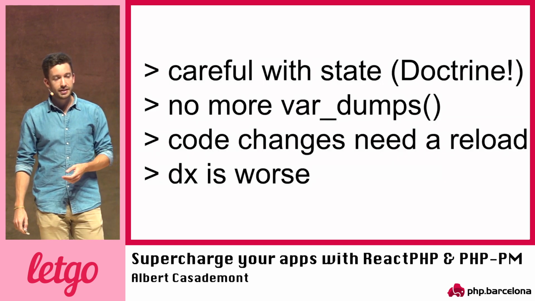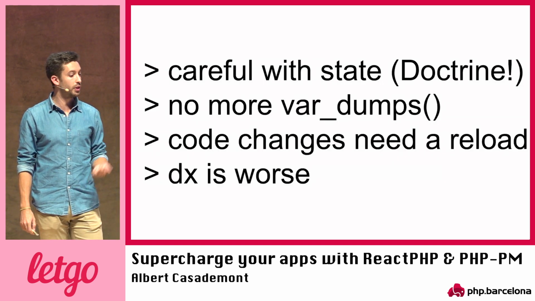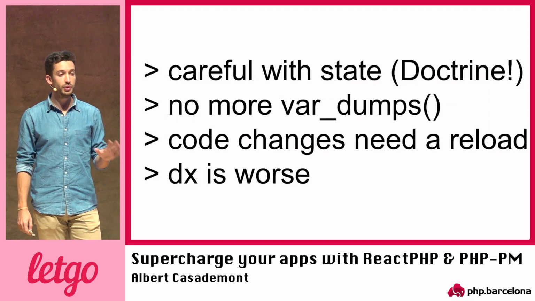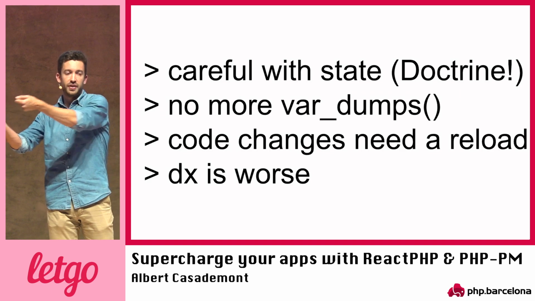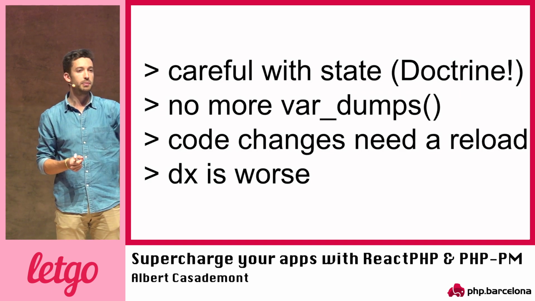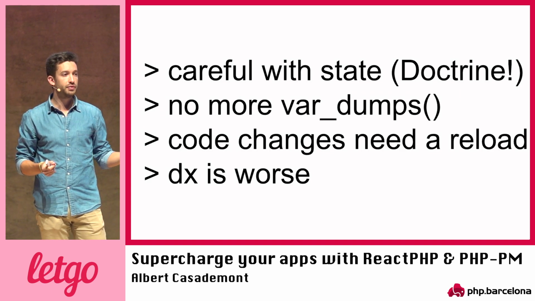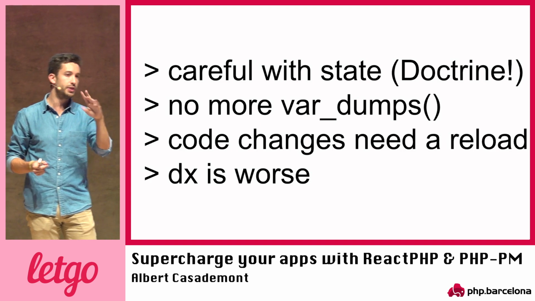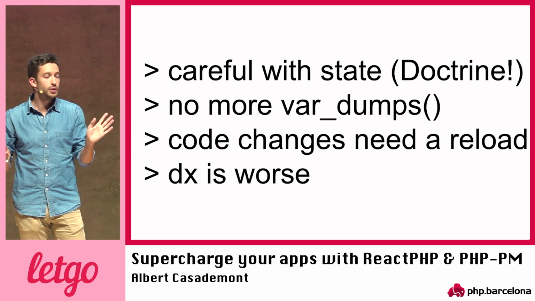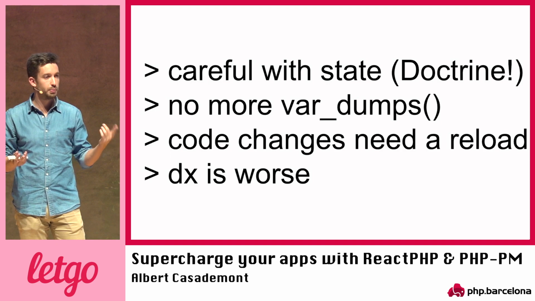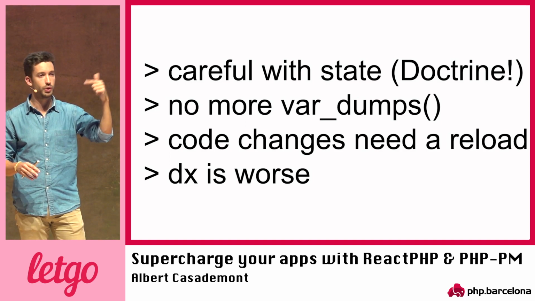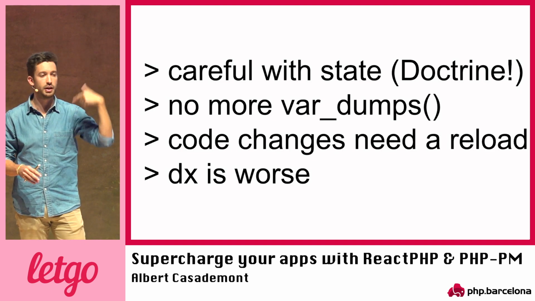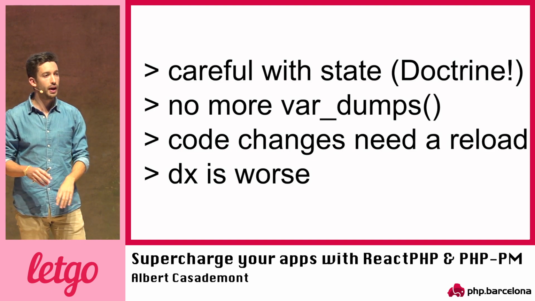And of course, as I said before, you really need to be careful with your state. Doctrine is actually a memory cache. When you fetch things from the database, you put them in the unit of work, and after you finish, you flush them, but you don't do anything else. As you know, PHP recycles all the memory, everything's gone, and the next request fetches the database again and builds your in-memory ORM.